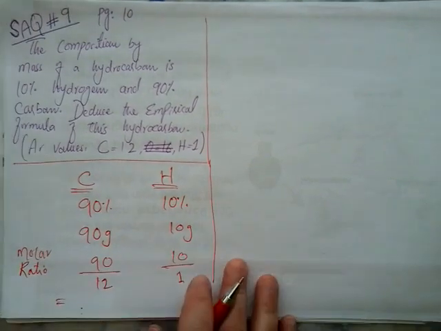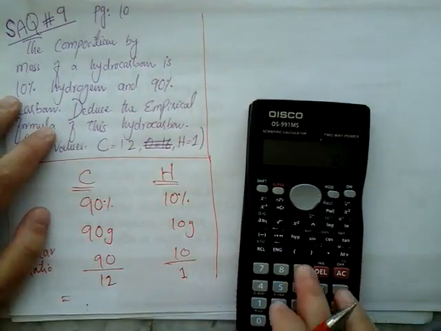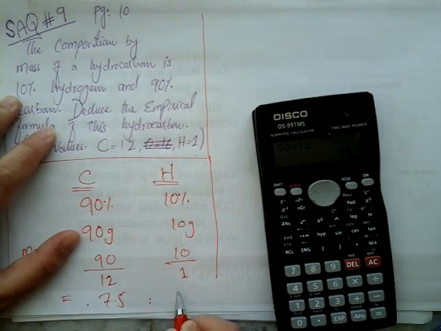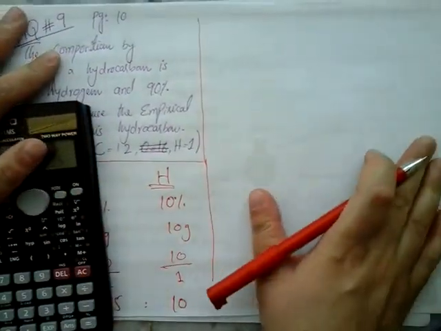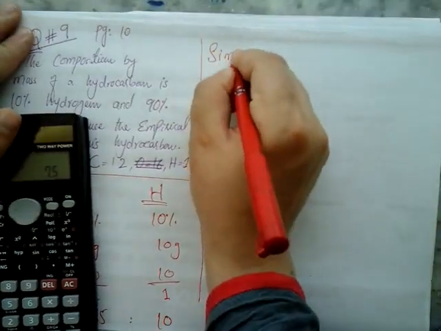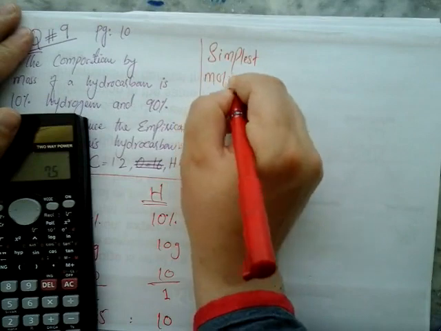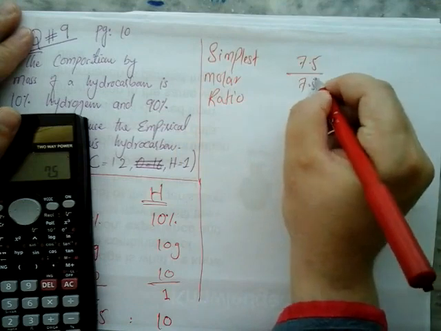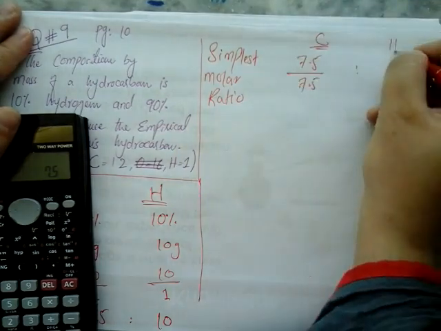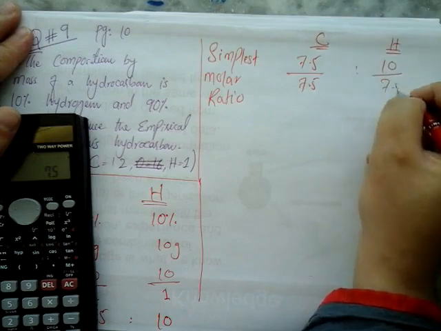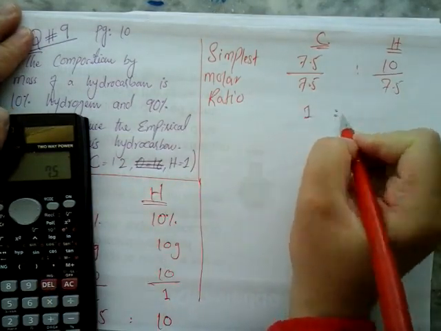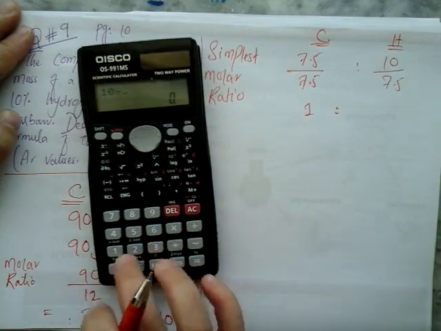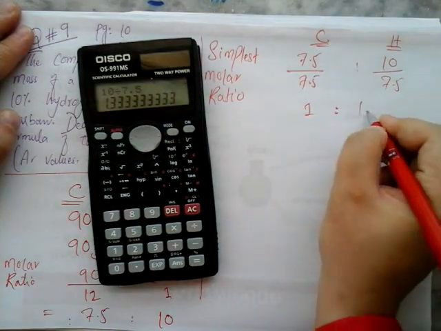Is that clear? So here 90 divided by 12 comes out to be 7.5, and 10. So the next step, simplest molar ratio. 7.5 divided by 7.5, that is carbon, is 1, and hydrogen, 10 divided by 7.5, is 1.33.